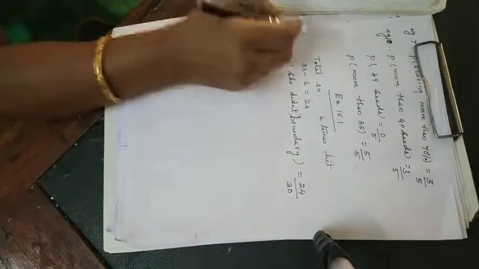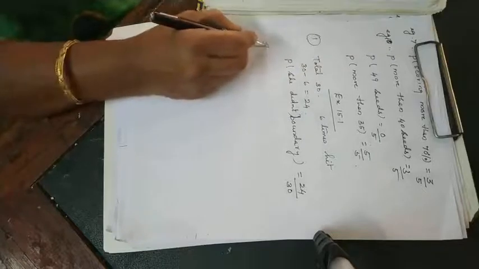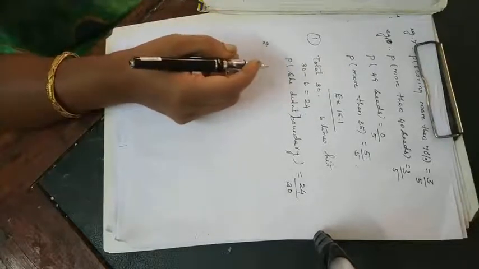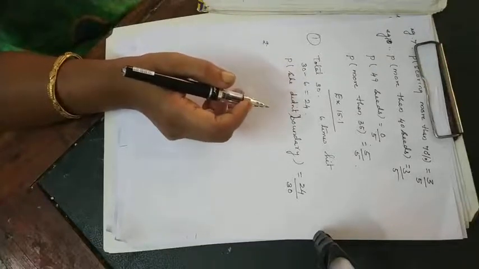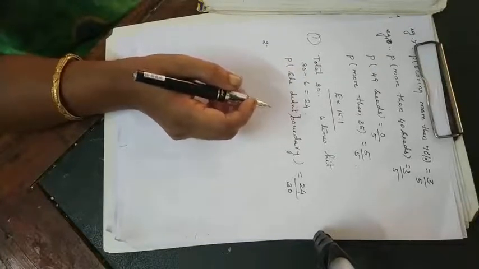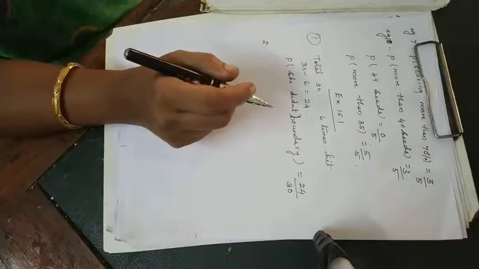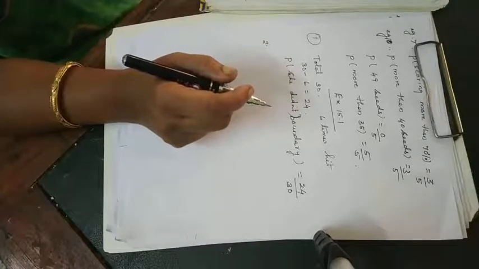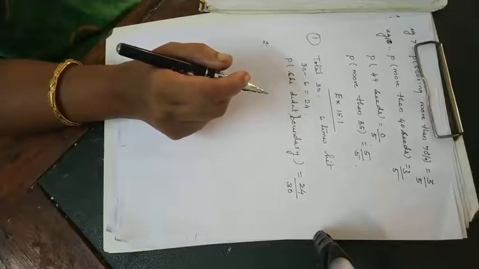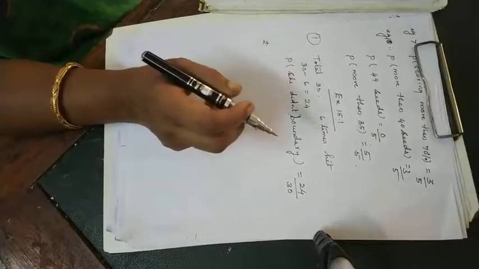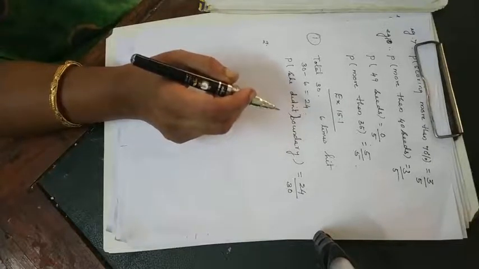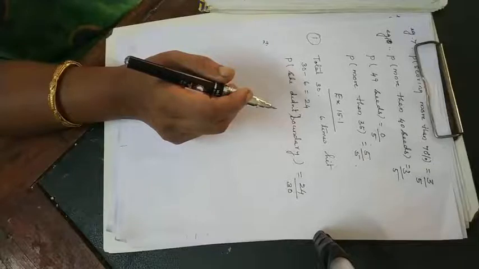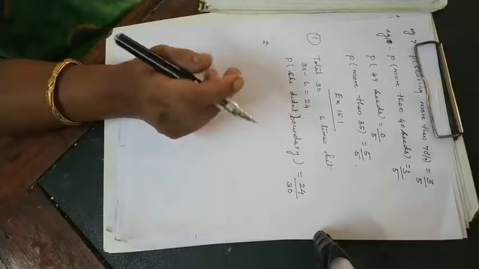Now second question. 1,500 families with 2 children were selected randomly and the following data were recorded. That is number of girls in a family: 2, that is 475; 1 girl, that is 814; and 0 girls, that is 211. Now you are asked to compute the probability of a family chosen at random having 2 girls.